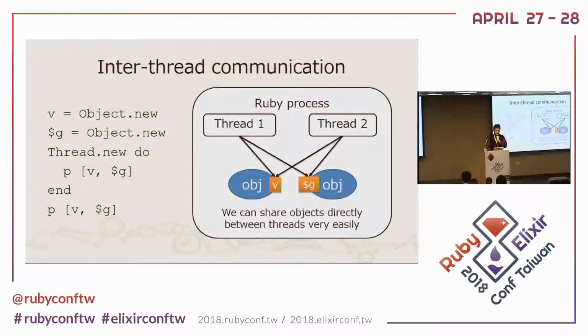If we write this program, two objects are bound to a local variable or global variable, so they are stored in this space, and thread 1 and thread 2 can share them. This is the background.